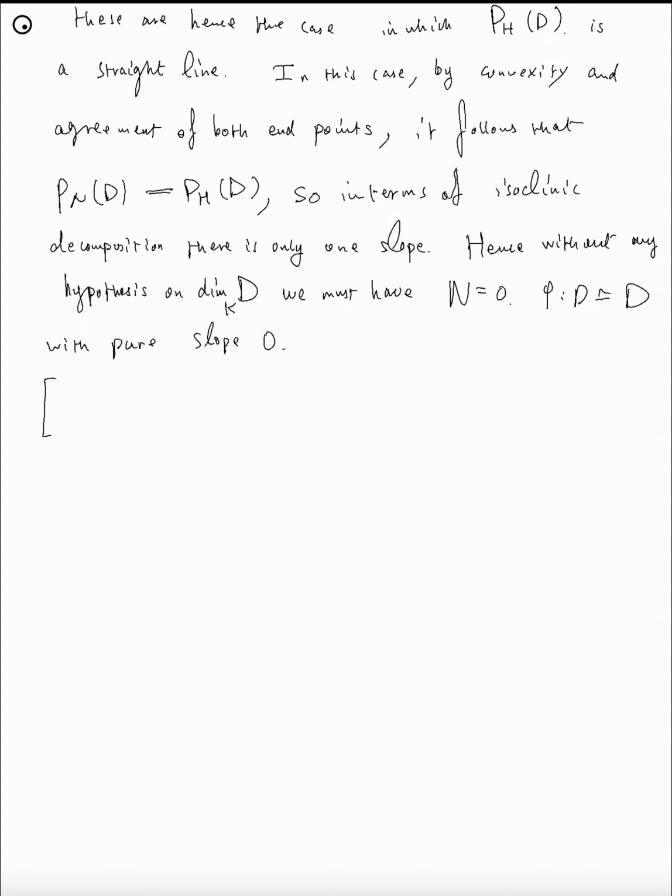So why can we conclude that it must be this breaking point, this straight line? Here what do we put? This is the dimension of D, which is n here. Why is this the case? What is the Hodge number of D?